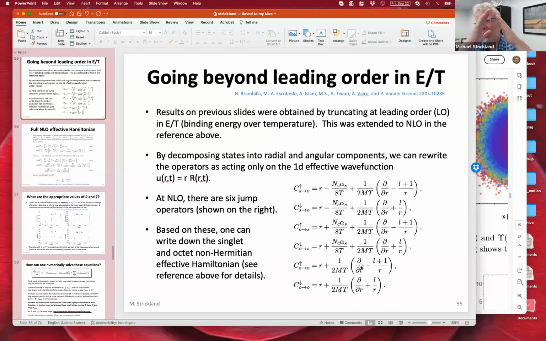So if you had a 1s state that was nicely localized, and you did a bunch of these jumps, and then you come back, it no longer has a strong overlap with the 1s, but it has a stronger overlap with the 2s, because of the way these jump operators work. Now, I know this is not a very good physical explanation, but that's my explanation. It's tied up with how the wave function gets modified by the jump operators as it does these transitions.